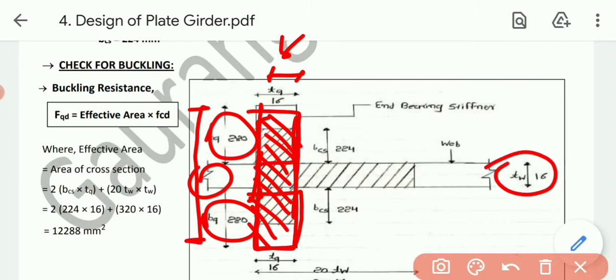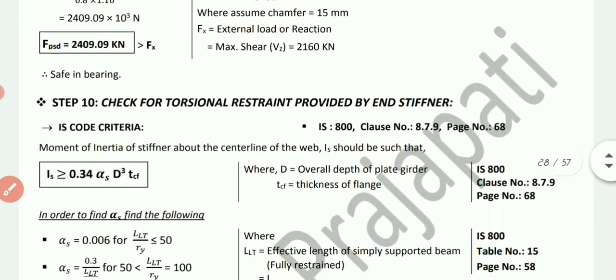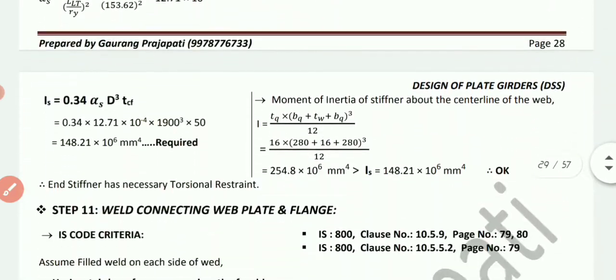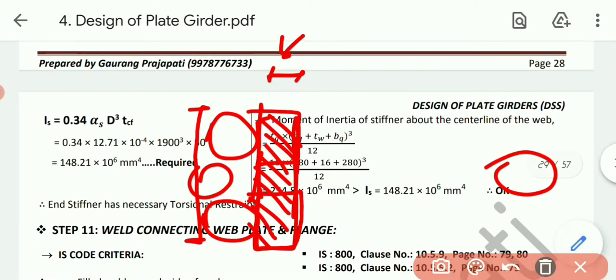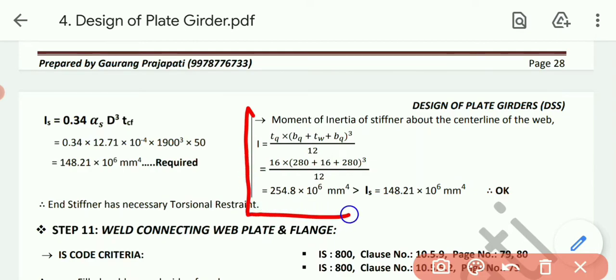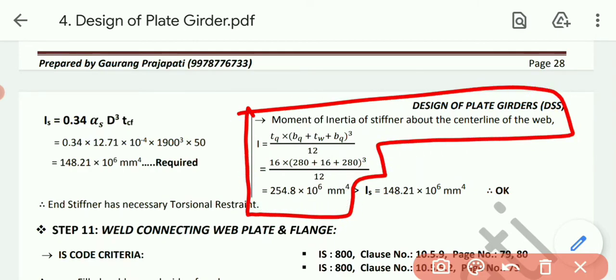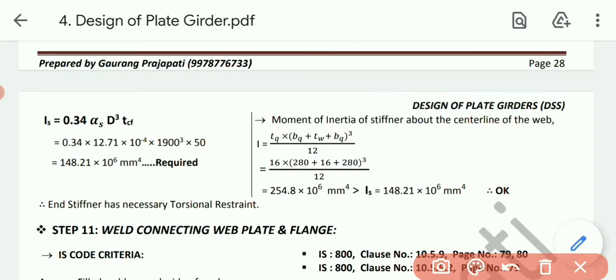Okay, so see, 16 multiplied by depth, that is 280 plus 16 plus 280 cube by 12. So ultimately I got the answer 254.8 into 10 raised to 6 mm raised to 4. What does this indicate?